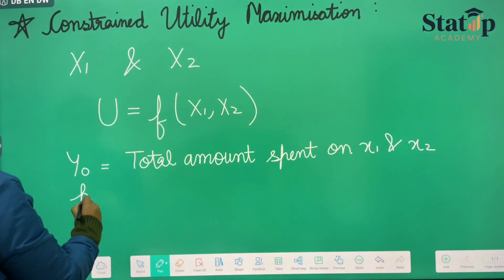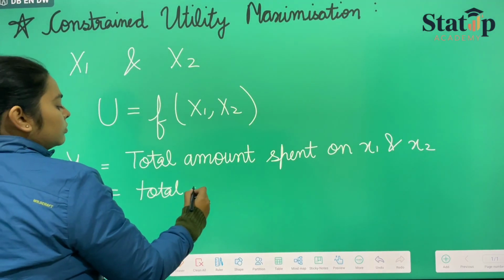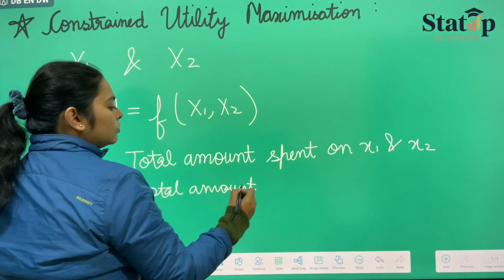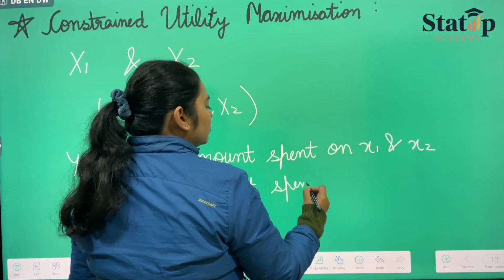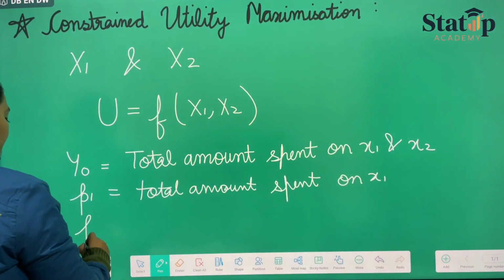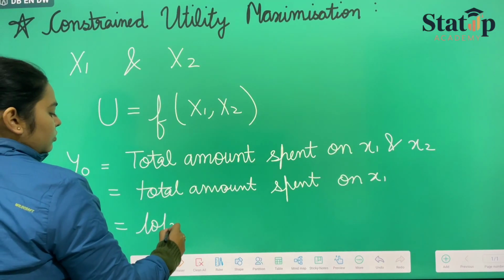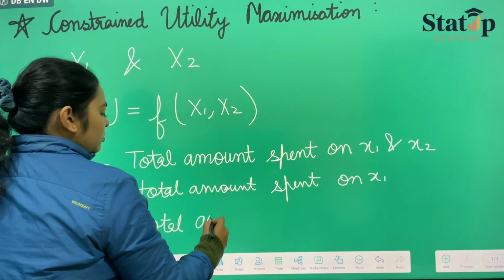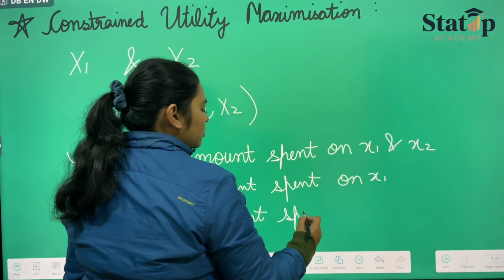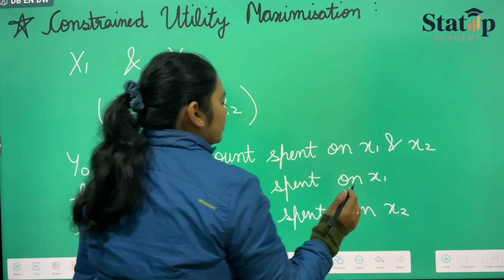Let P1 be the price of x1 and P2 be the price of x2, on commodity x1 and x2.